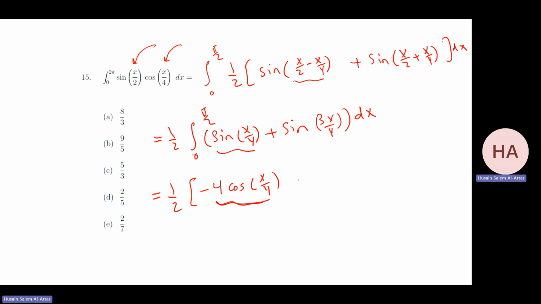And this one, how to do it? Minus the reciprocal of this, 4 over 3 cosine 3x over 4. And that from where to where? From 0 to pi over 2. Now I need to be careful. That gives me half of what? Sine, cosine pi over 8.